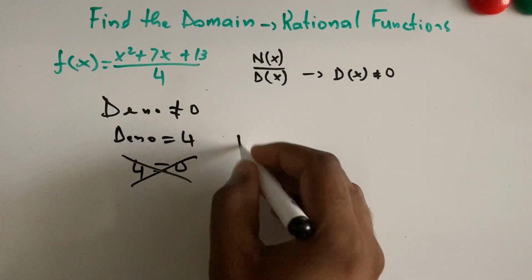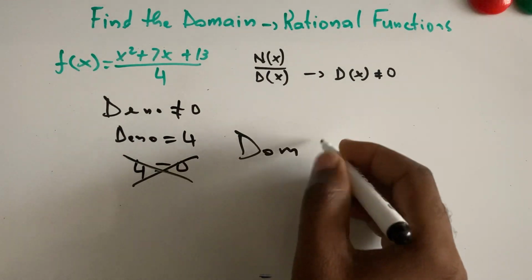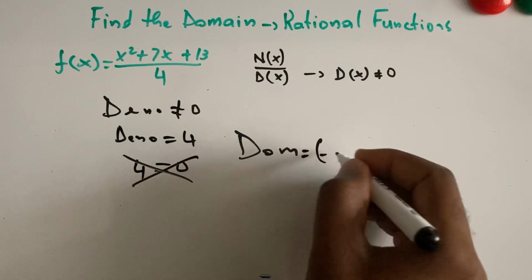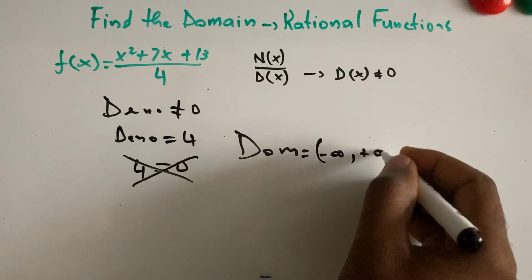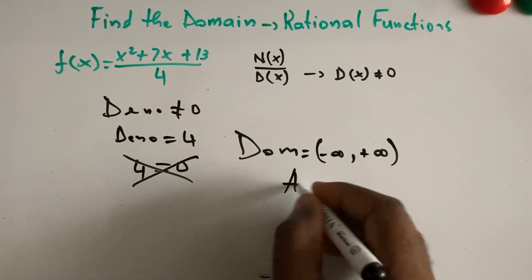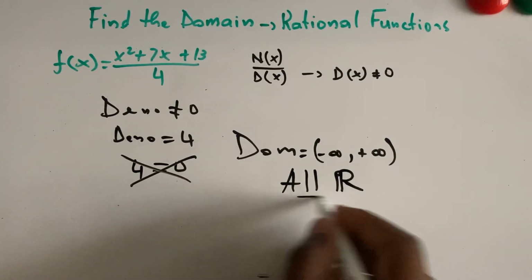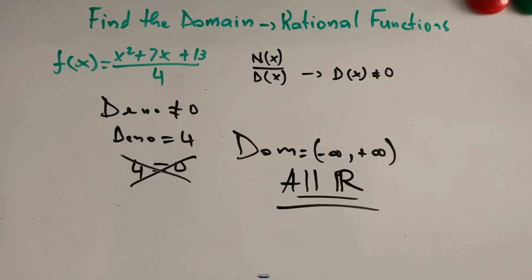Therefore, the domain again is all real numbers because there's no x to reject. So the domain is all real numbers. Okay? All right? So this is how you find the domain of rational functions.